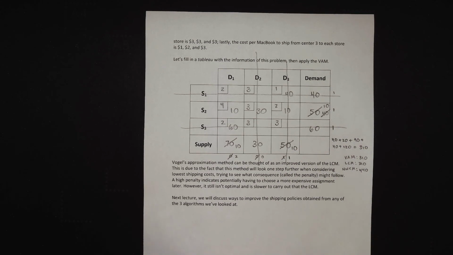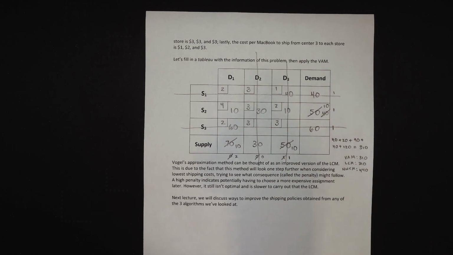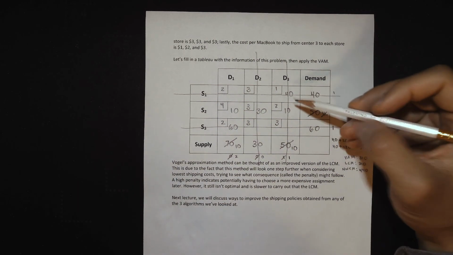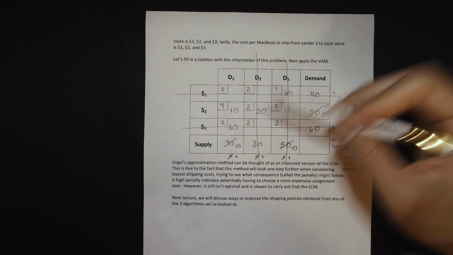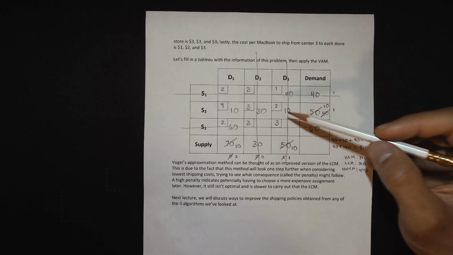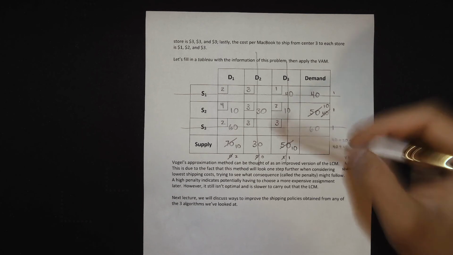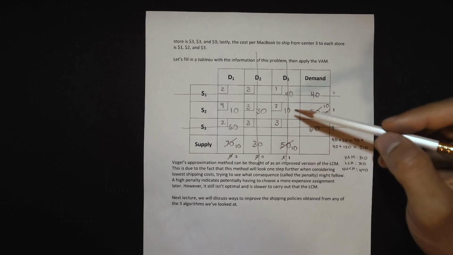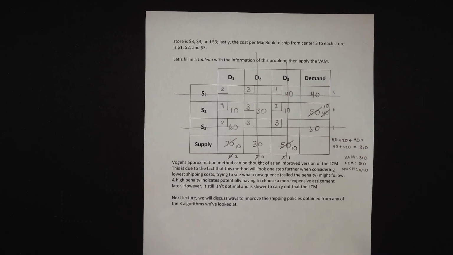So the penalty just represents the potential consequences to the shipping cost for not choosing the lowest shipping cost of that row or column. So if there's a high penalty, that means that even though the shipping cost might not be the lowest, we may pay a higher price in not selecting the lowest shipping cost from that row or column later.